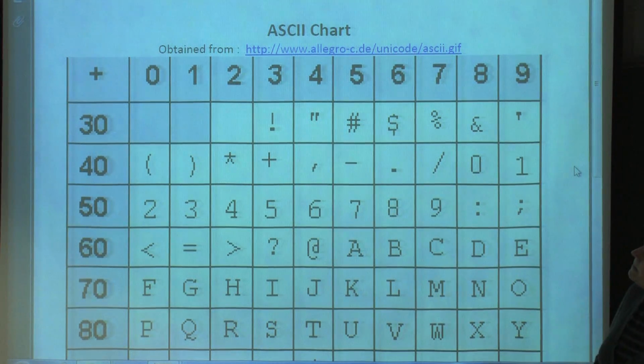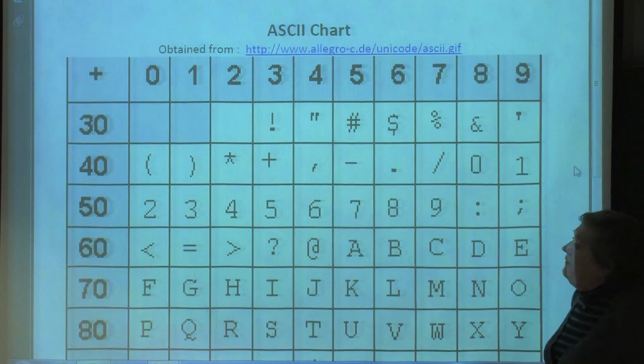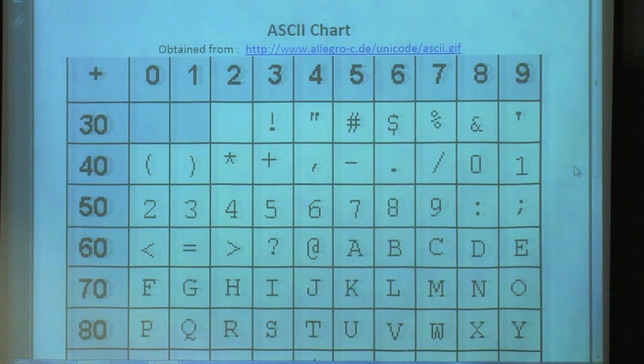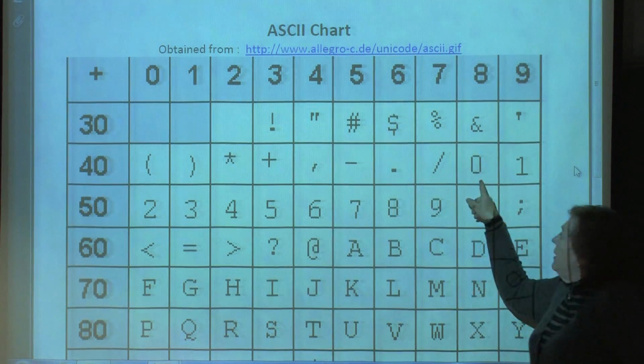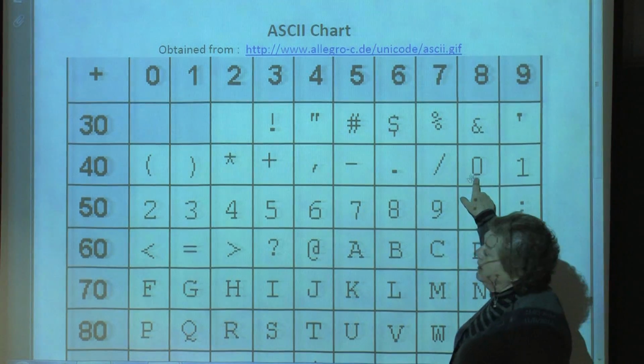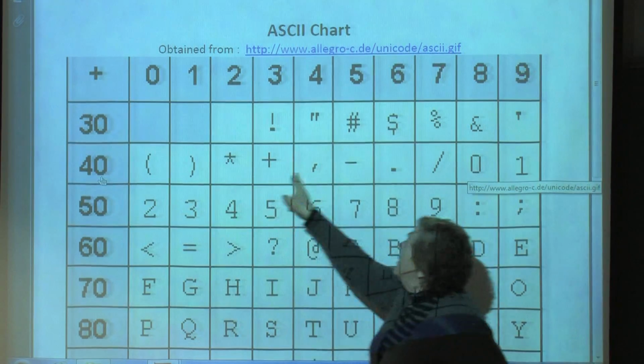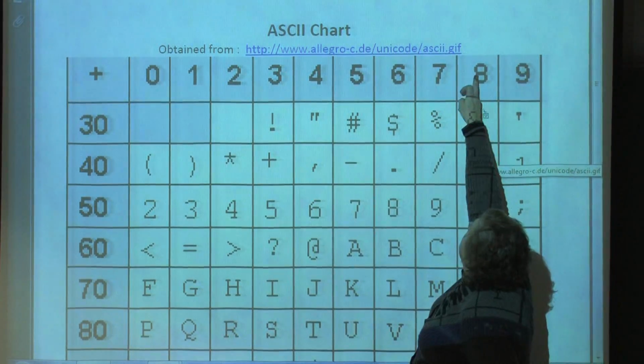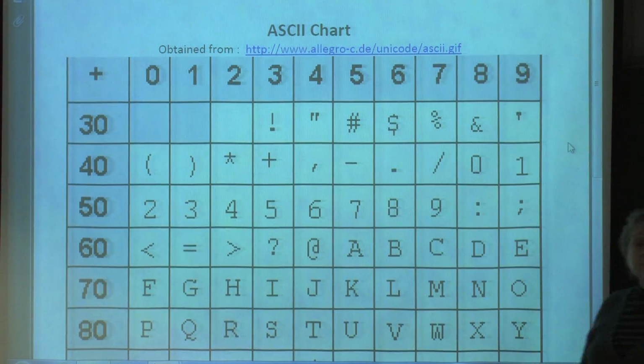So, if I said to you, what is the ASCII value of the digit 0? What would you tell me? 48. How did you figure that out? Here is 0, right? It's 40 plus 8. Did everybody see that?